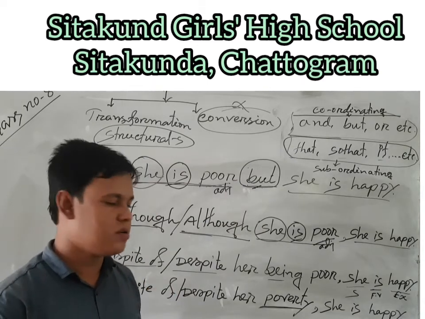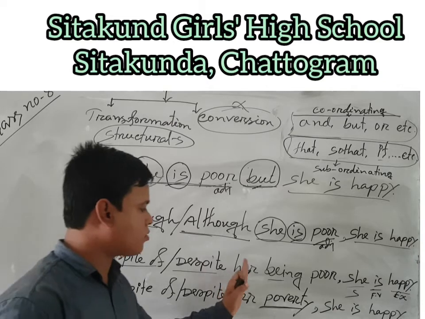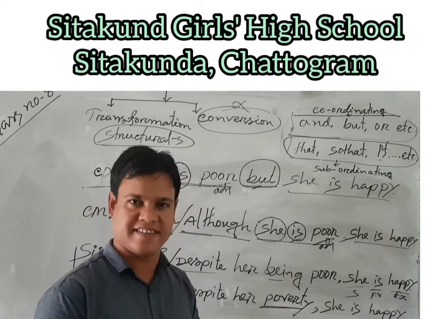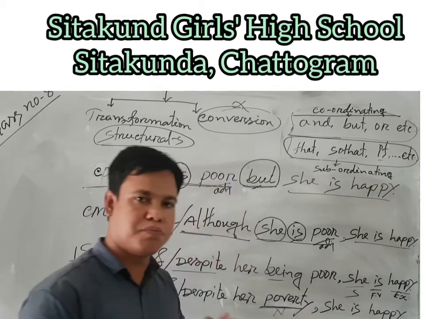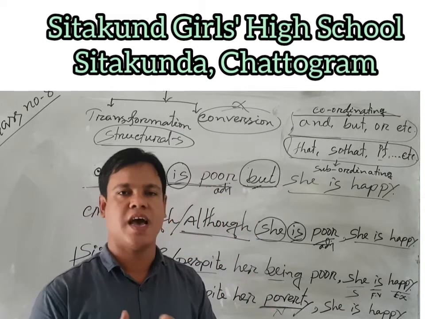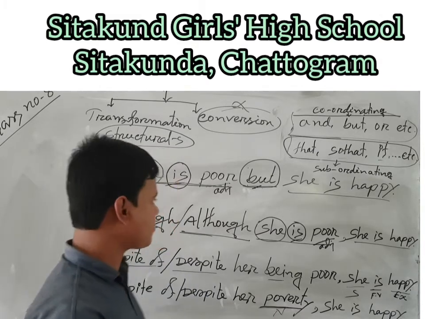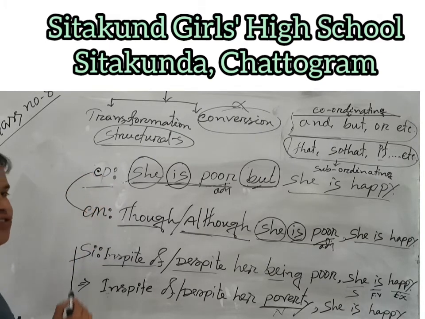Without making it a noun, we cannot use poor here. Possessive case cannot accept adjective. Possessive case accepts only noun. Poor will be poverty. Rich will be richness. Happy will be happiness.